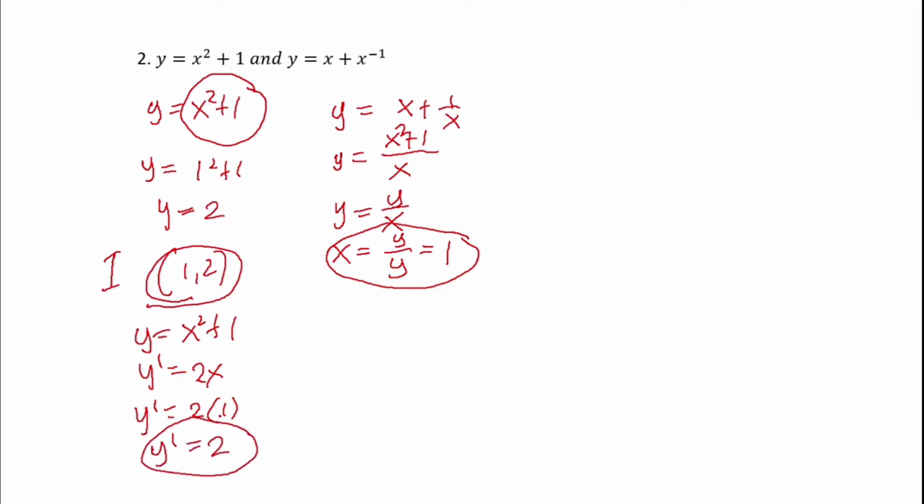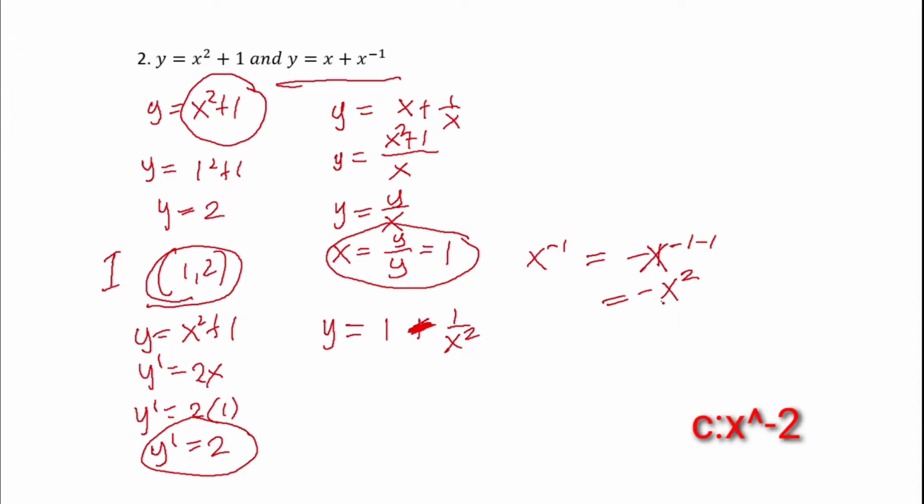Next, the derivative of the second is 1 minus 1 over x squared, because we take the derivative of x raised to negative 1, that is negative x raised to negative 1 minus 1, that is negative x to the negative 2. If we rewrite that, it will be 1 over x squared.